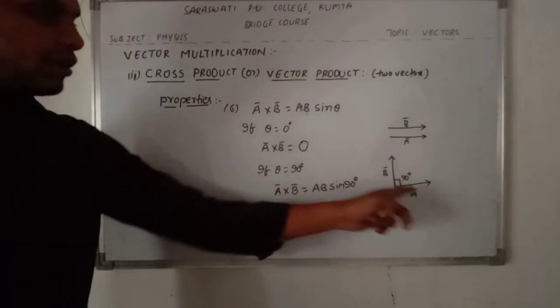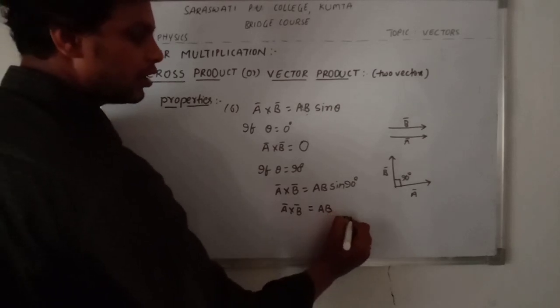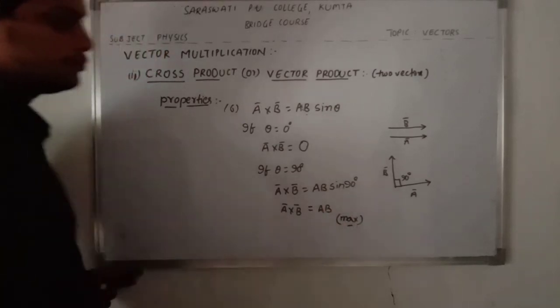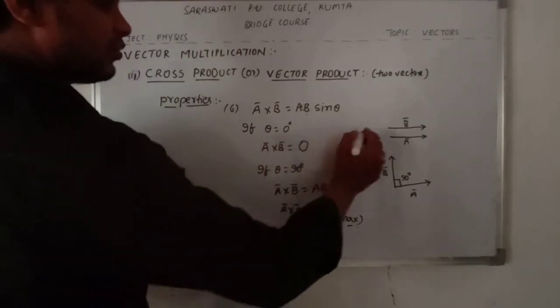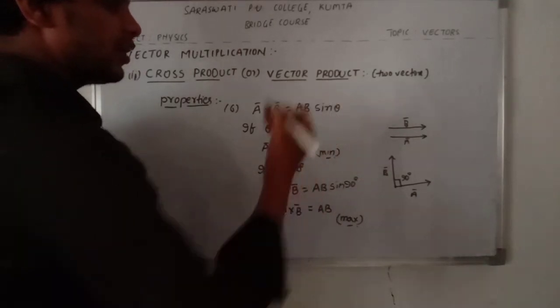Now, if two vectors are perpendicular, then a bar cross b bar is equal to ab, which is the maximum. If two vectors are in the same direction, then theta is equal to 0, and a bar cross b bar is minimum.